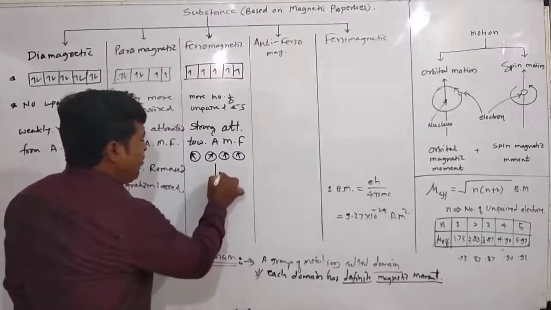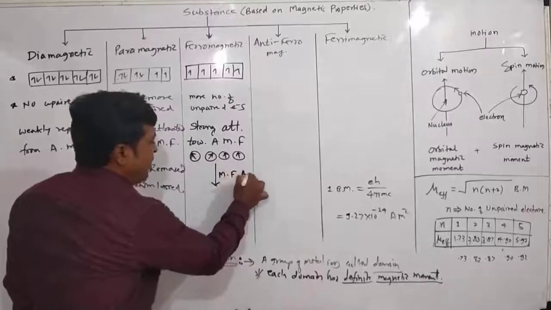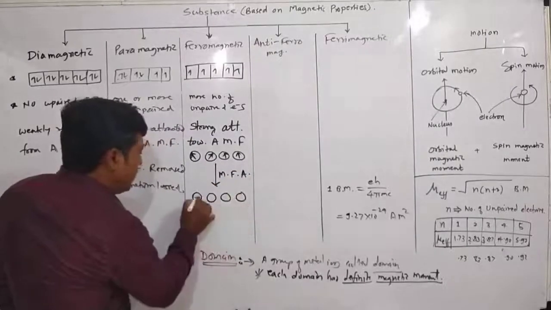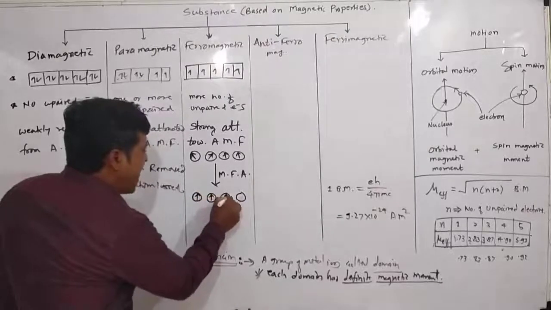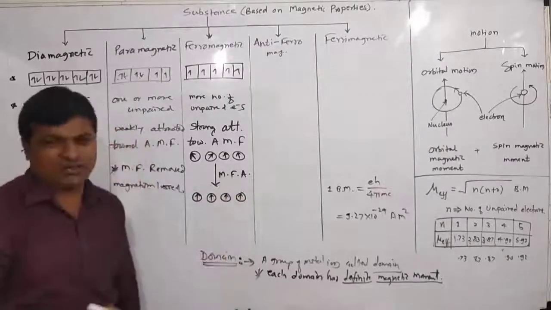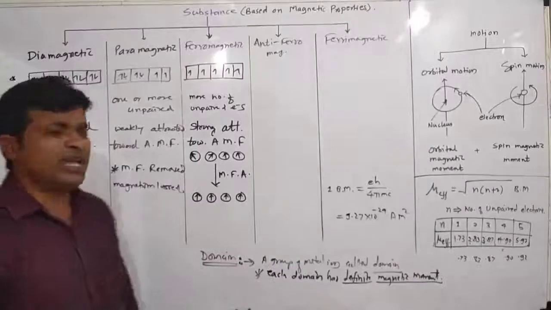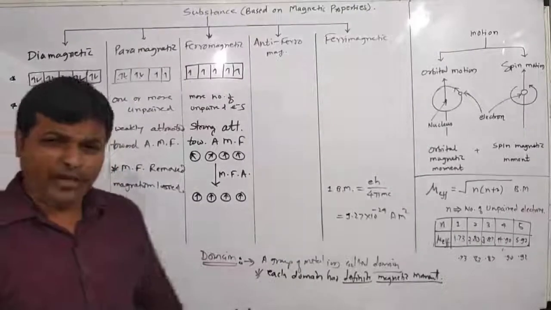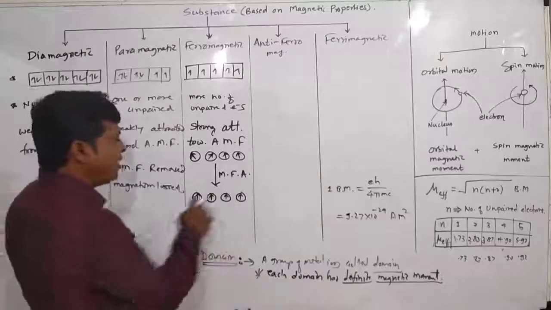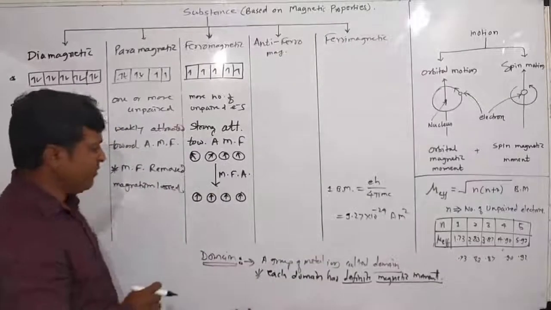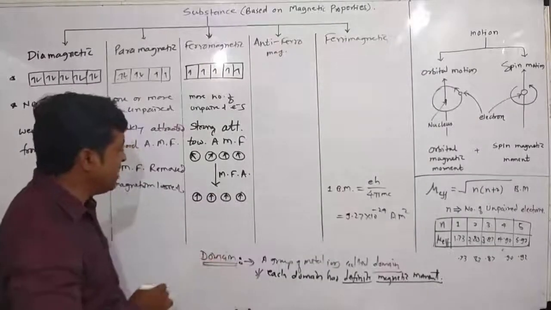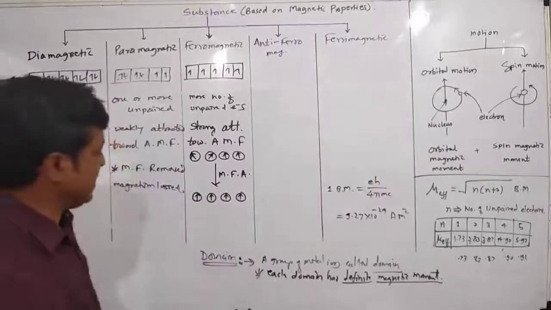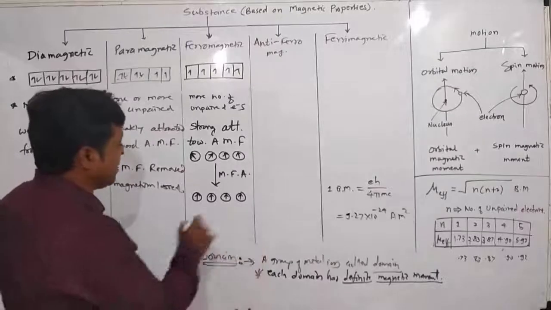When a magnetic field is applied, all domains are arranged in one fashion. As magnetic moment is a vector quantity, you have to add all these magnetic moments. Since it is a vector quantity we can add them, and so what will happen? The magnetic moment will be very high.